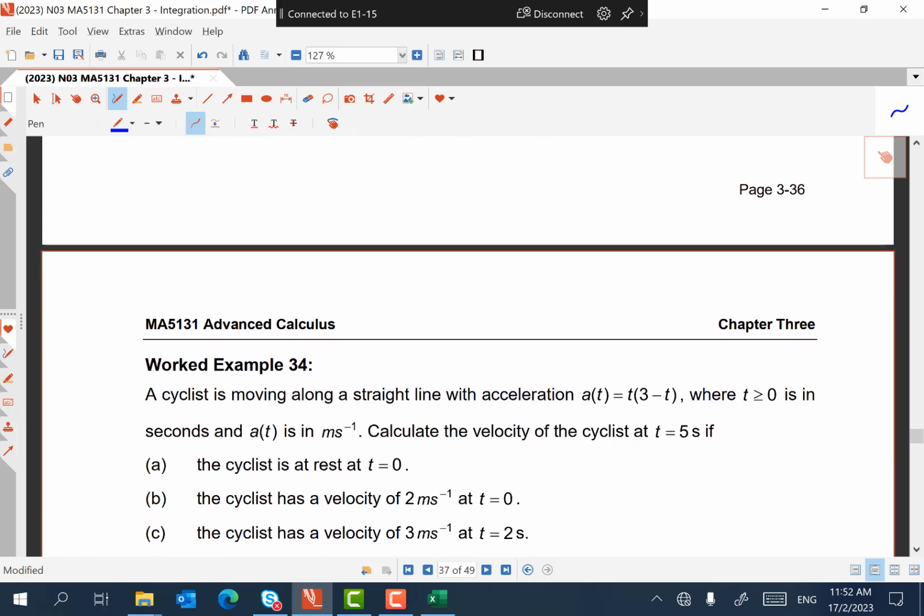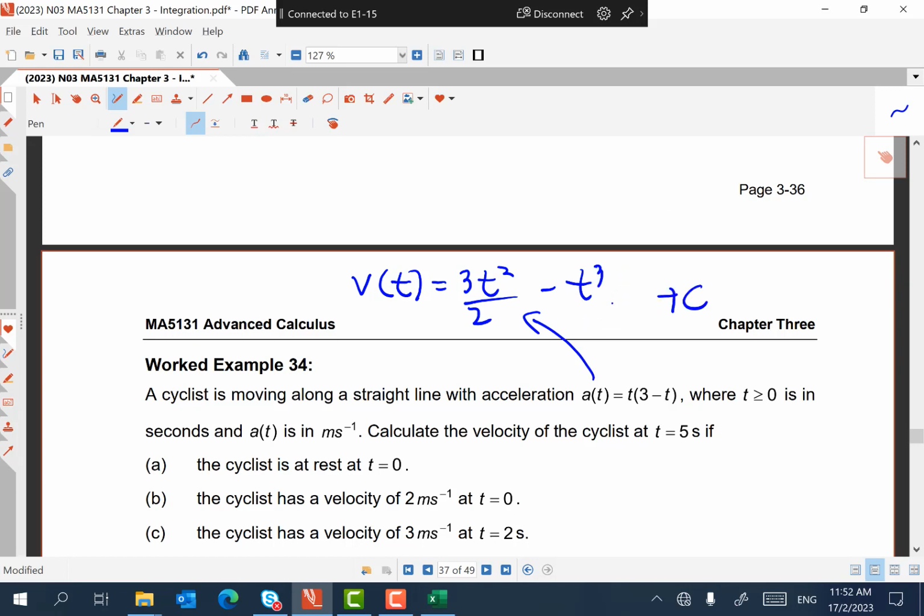We'll come later to another term, speed and distance, but in the meantime, you look at this example. In this first example, you will realize that it shows you the three parts in two methods. One method is to obtain the velocity expression as Vt equals 3t squared over 2 minus t cubed over 3 plus c.